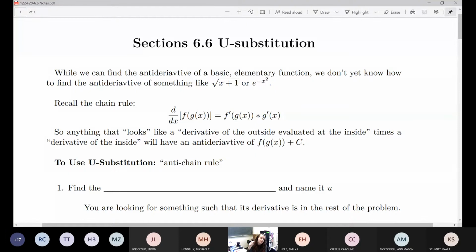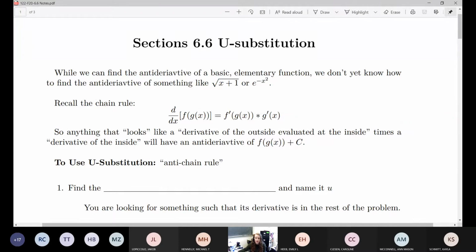So remember the chain rule, everyone's favorite thing from derivatives. That's a reminder about what the chain rule says. Essentially, if anything looks like the derivative of the outside evaluated at the inside times the derivative of the inside, it would have an antiderivative that's essentially a composition, which is what U substitution is.